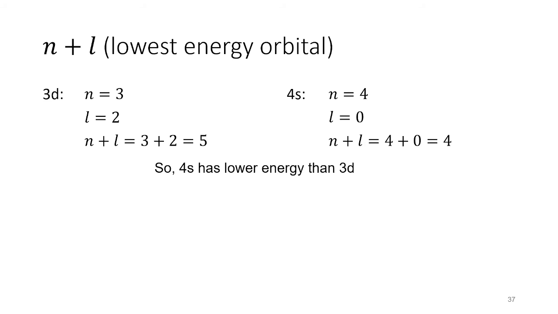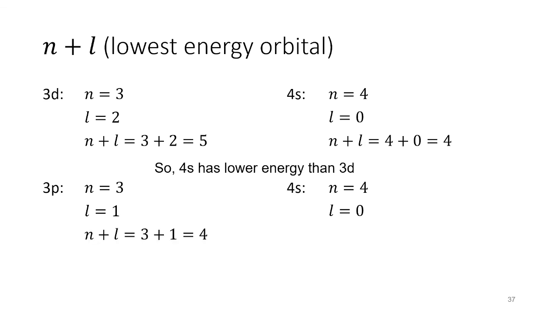So using that, 4s has lower energy than 3d. Now if we are to talk about 3p, which is n equal to 3, and 4s, which is n equal to 4, the l of 3p is 1, and the l of s is 0.